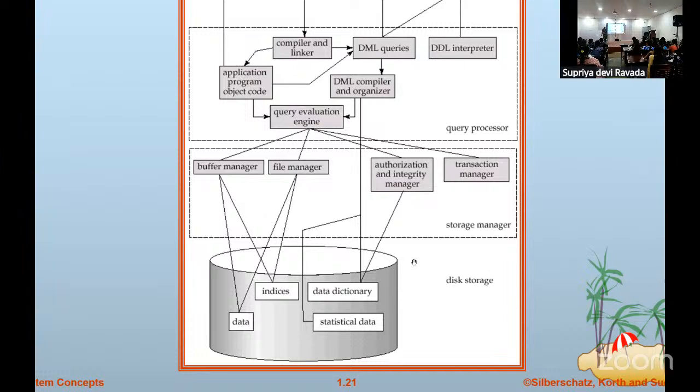Like we have seen in the purpose of DBMS, right? Integrity problems. So here in the storage manager, the authorization and integrity manager will maintain all those things. Is it clear? Yes or no? Next, what is the last one? The transaction manager is going to maintain the transaction details.